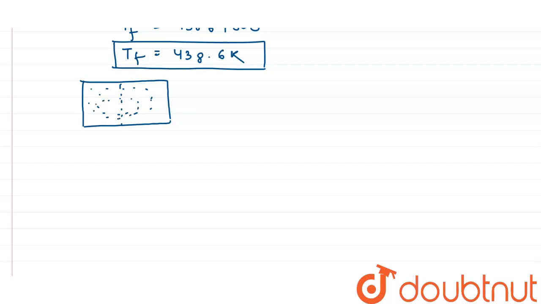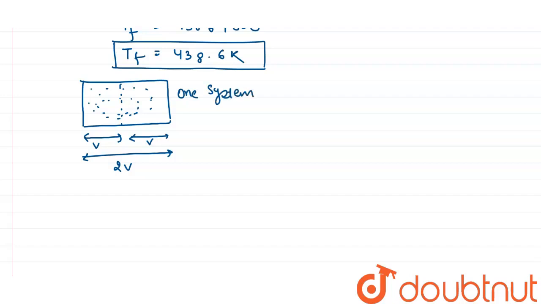Before this, the volume is V, and this volume is also V. Now the total volume is behaving like a whole system. When the partition is removed, both vessels behave like one system.